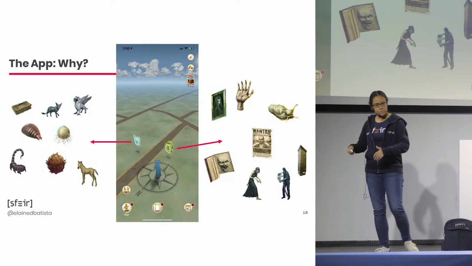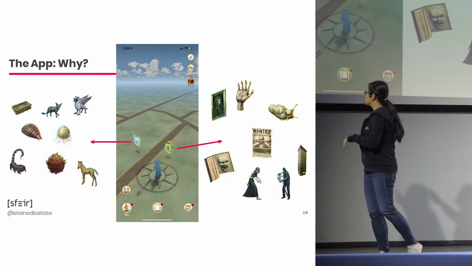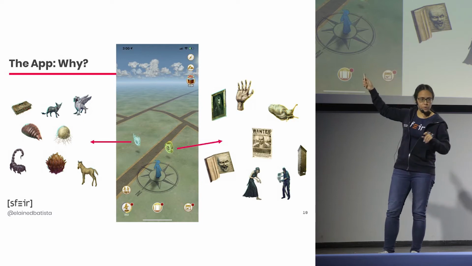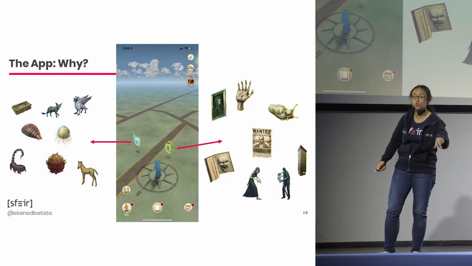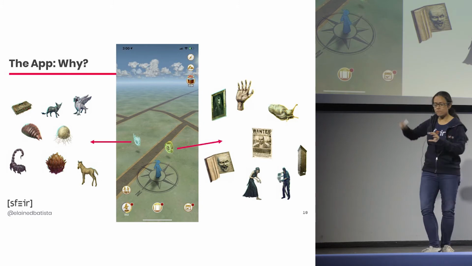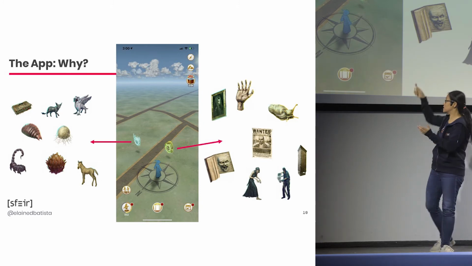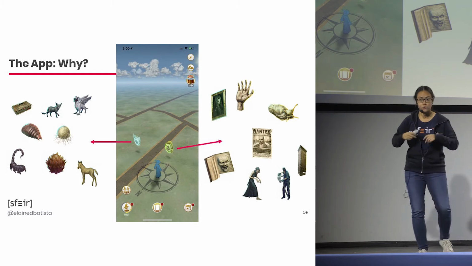So in the game, it's a location-based game. You have to walk around to catch stuff, a little bit like Pokemon Go too. But the difference with Pokemon is that when you play Pokemon, you see if you have a Pikachu or something like that, you know that you're going to encounter that. In Wizard Unite, it's not the same. You have this symbol on the screen, and you don't know what you're going to get.